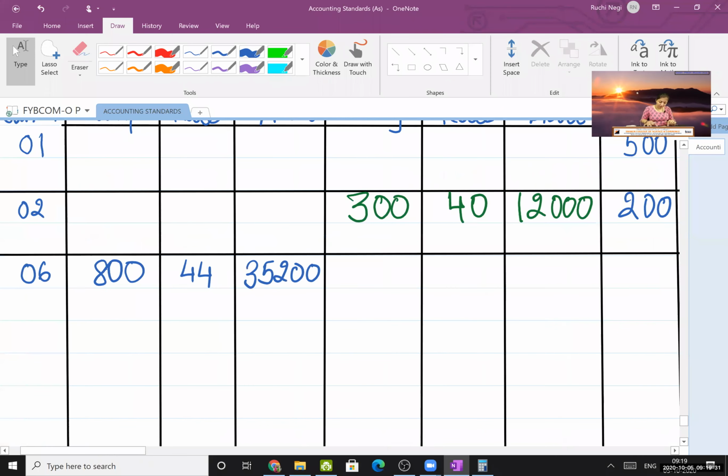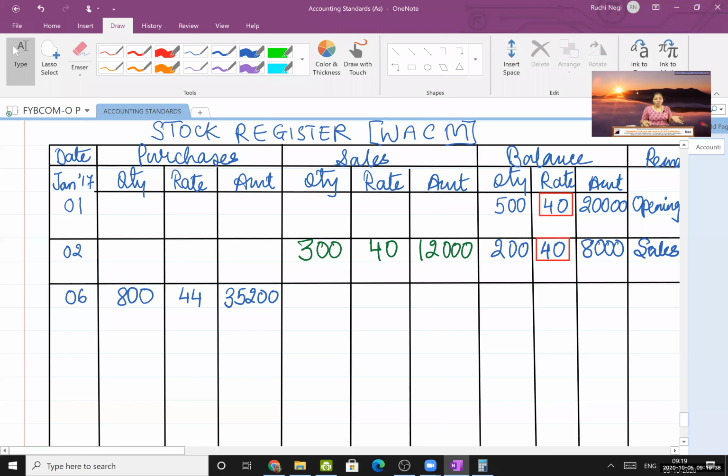Then it's a purchase, so the quantity will be added because there will be an increase in the quantity in the godown. So now see, quantity add. 200 plus 800 is how much? 1000. So right here 1000.